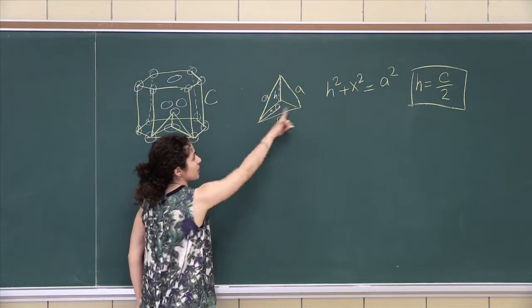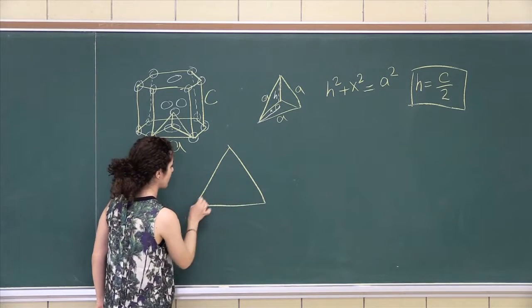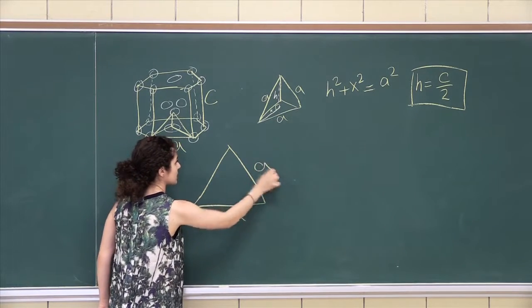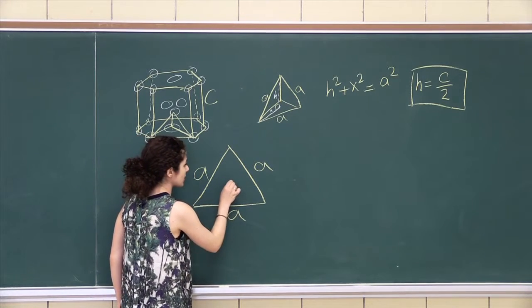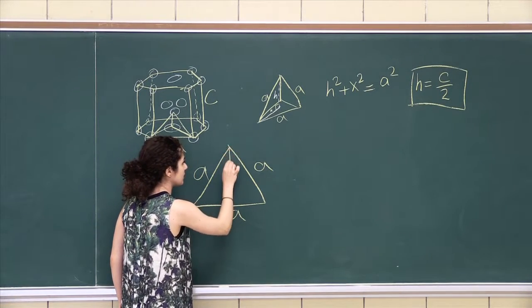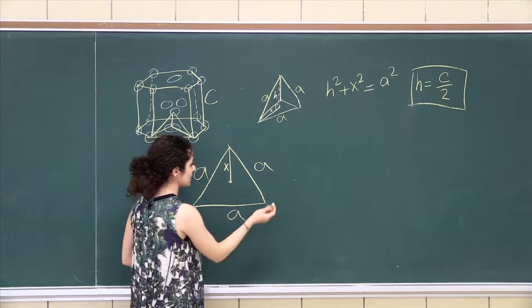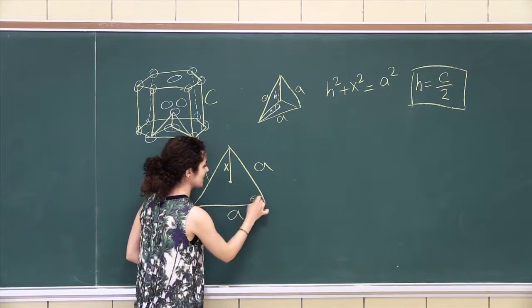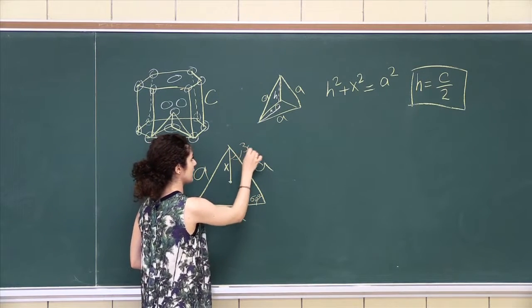I'm going to draw this bottom plane of this tetrahedral site bigger over here. So we know that A is on every single side, and the X is actually right here. Also, this is a 60-degree angle, which means that this is a 30-degree angle.